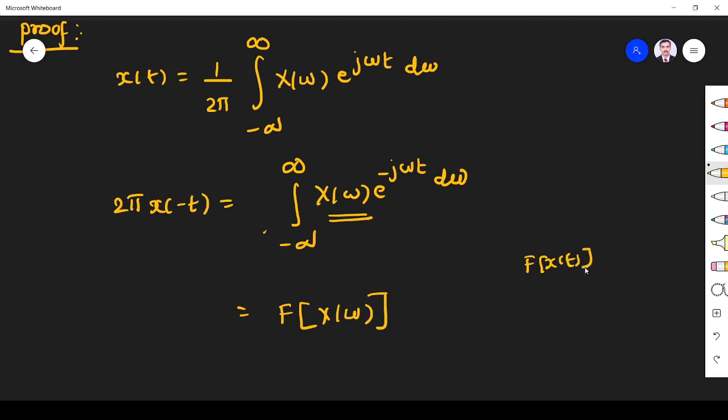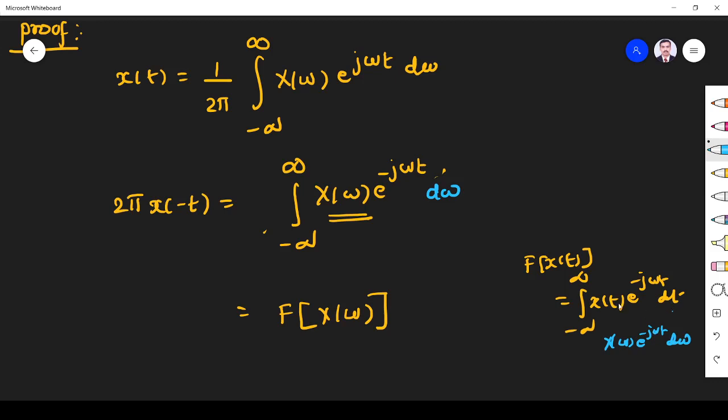It is the integral from minus infinity to plus infinity of x of t e power minus j omega t dt. Here, instead of t, we have X of omega e power minus j omega t d omega.